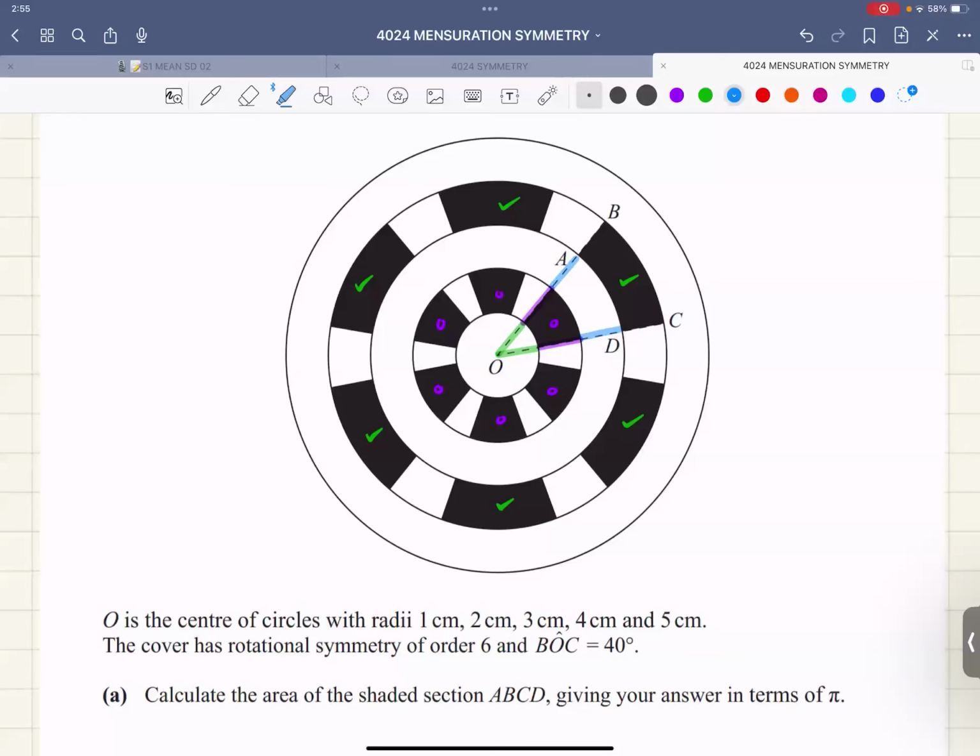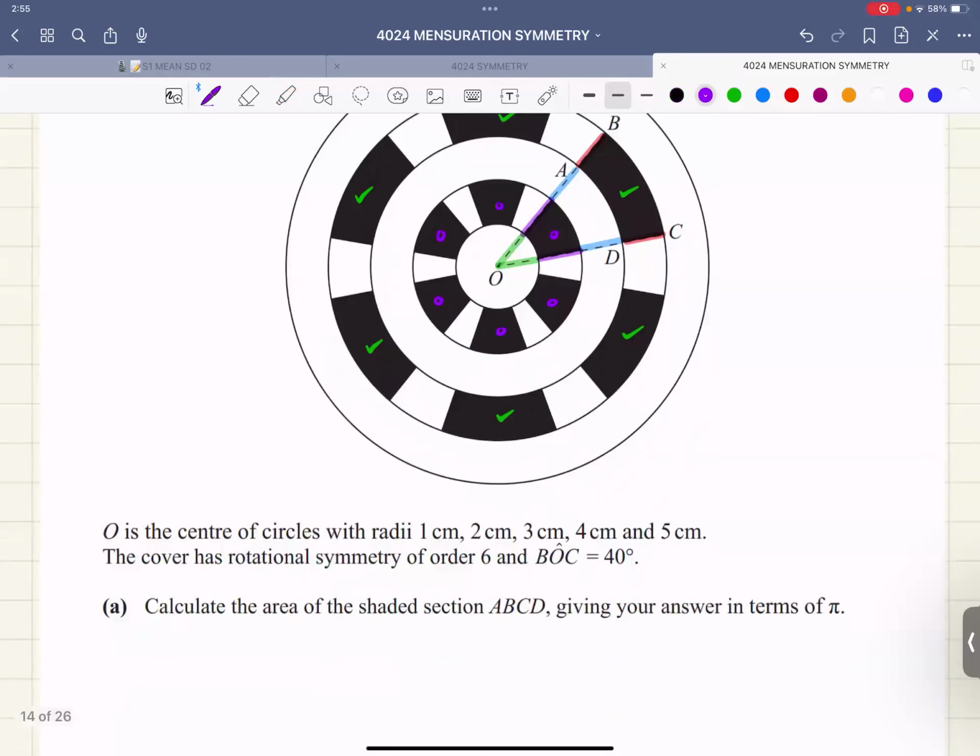This is the 3rd one. And then the red one, this is the 4th one. So now let me first talk about the sector OBC. And then I'm talking about the sector OAD.